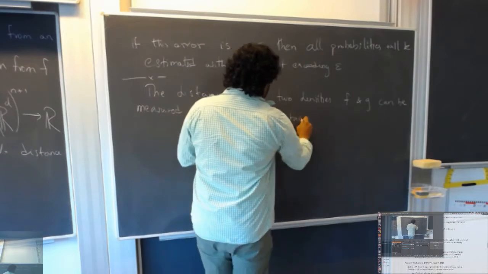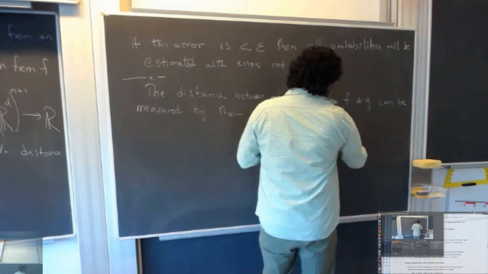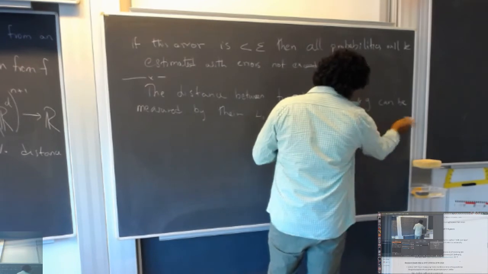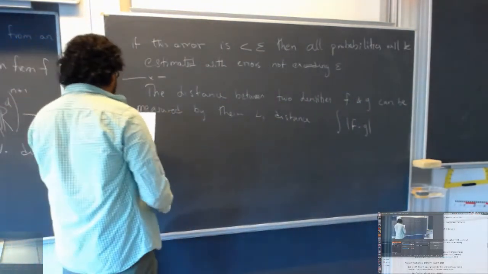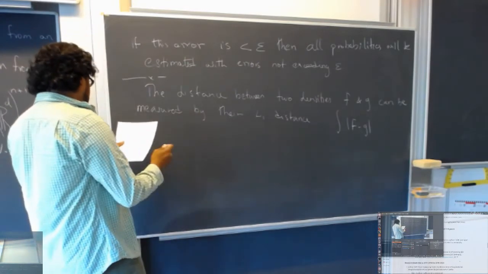So what is the L1 distance? We simply take the integral of the absolute value of f minus g dx. I just ignore the capital F effects and things like this.